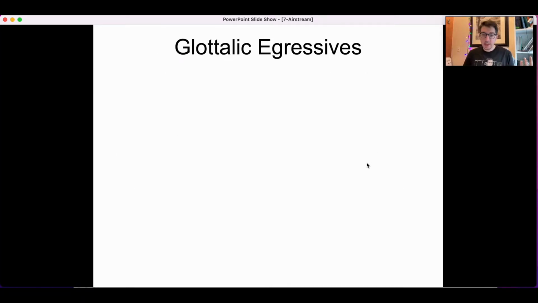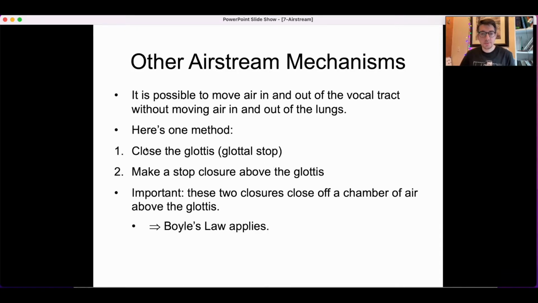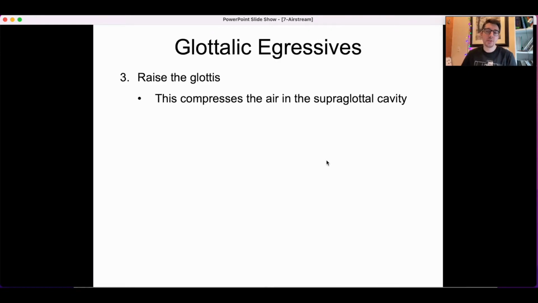I just have to mention that these two steps, the glottis and stop closure above the glottis, can happen simultaneously for these sounds. But let's see the full method. Number three, you raise the glottis. This compresses the air in the supraglottal cavity, meaning that if you raise the glottis up, it will compress the air and make the air pressure higher, right?